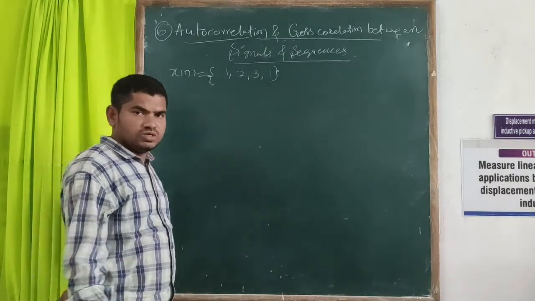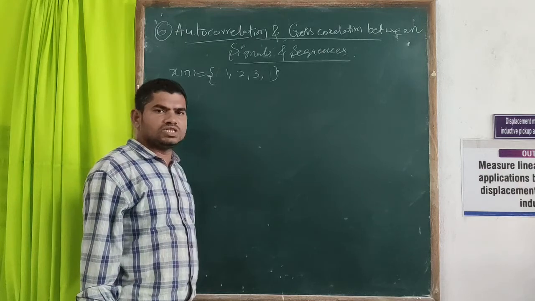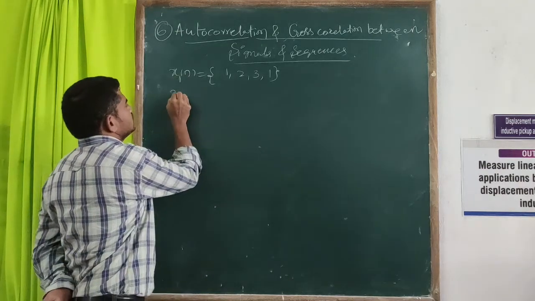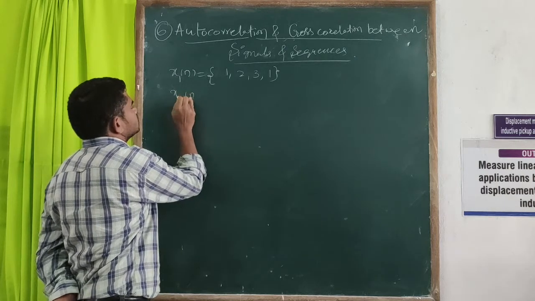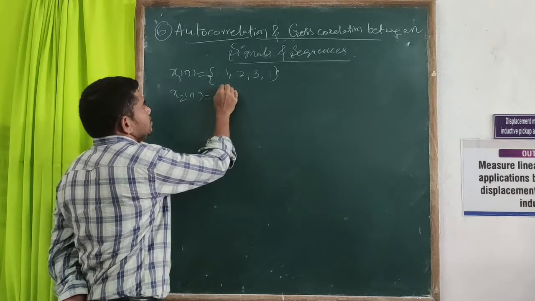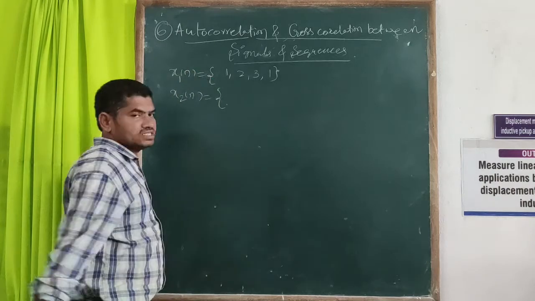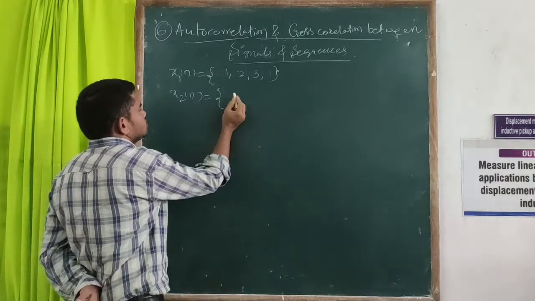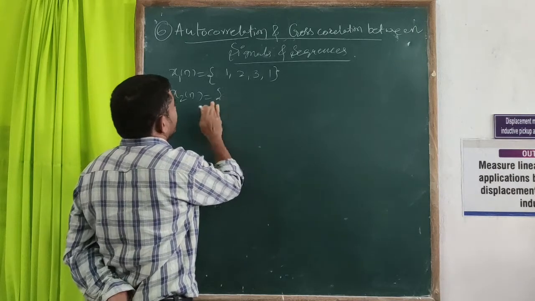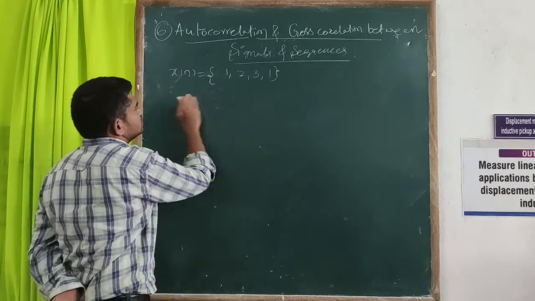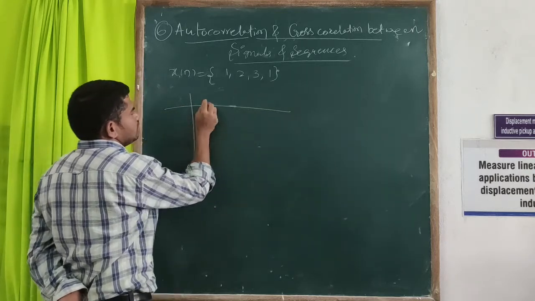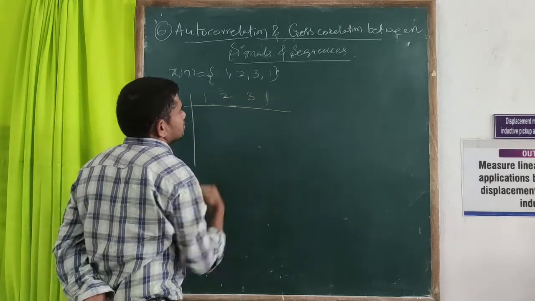To perform the convolution operation, we require two signals: one is x1 of n, and x1 of n itself acts as the one more signal, x2 of n. Here only one signal x of n is there, so the one more signal for the convolution operation is 1, 2, 3, 1.